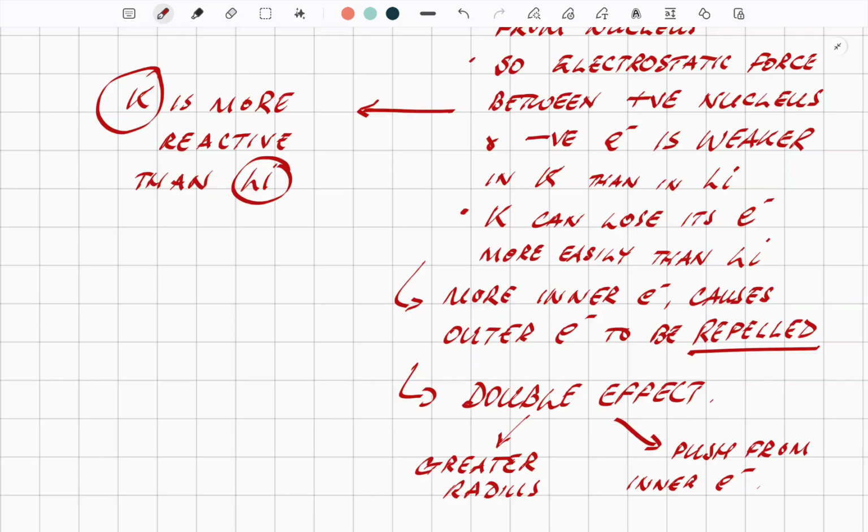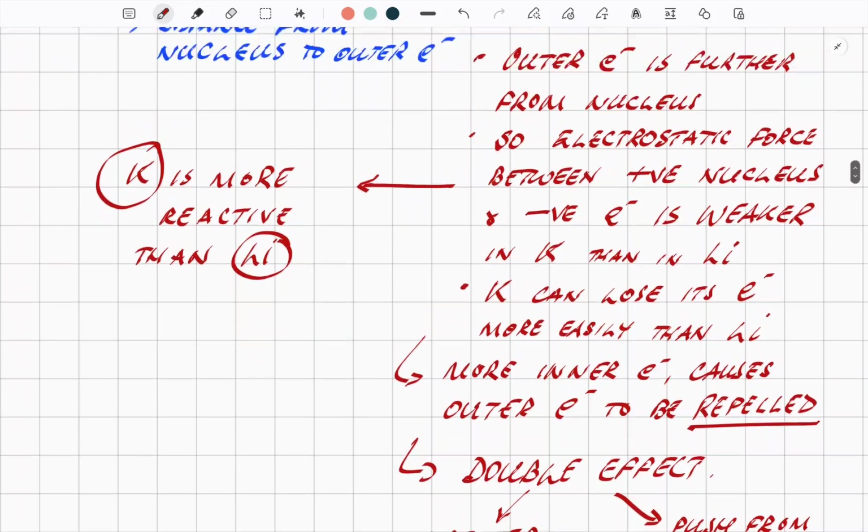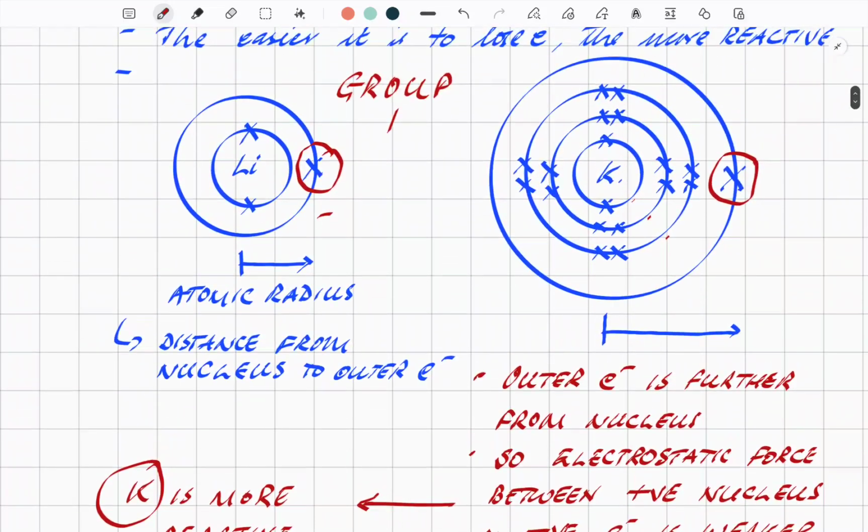So both of those effects make the outer electron easier to lose in potassium. So the bigger the atom, as you go down a group, the easier it is to lose the outer electron, because it's further away from the nucleus and you've got many, many more inner electrons pushing that outer electron further away.